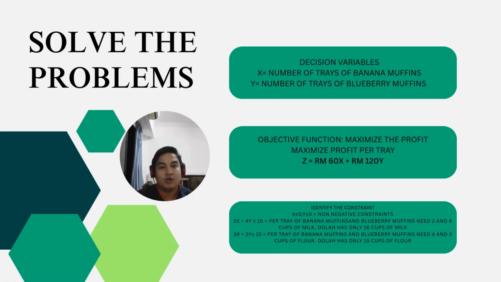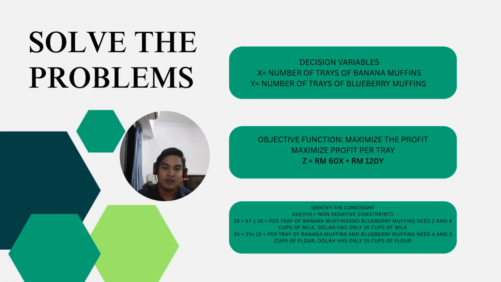Starting, let's define our decision variables: we let x be the number of trays of banana muffins, while y is the number of trays of blueberry muffins. The objective function is to maximize the profit per tray, and the method is Z equals 60 ringgit x plus 120 ringgit y.